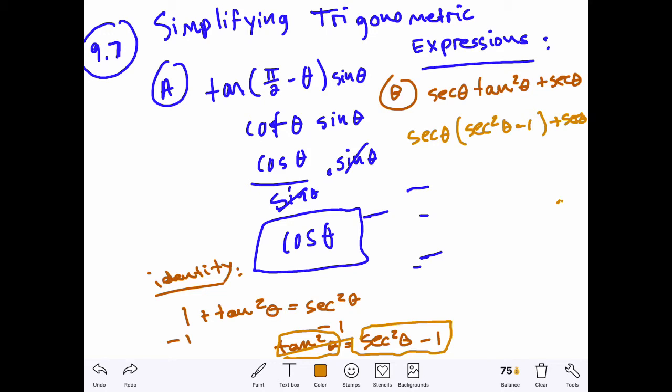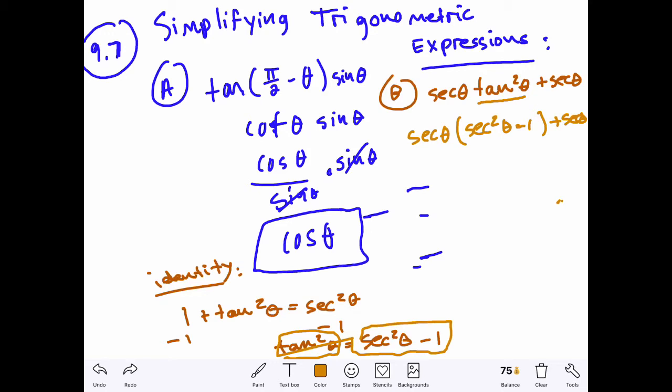Okay, so what did I do? I substituted in using an identity, but first, what did I have to do with that identity? I had to solve it for tangent squared theta, right, by subtracting 1 over. So notice, with those identities, I may actually need to solve for one or the other before I can substitute in and finish simplifying.